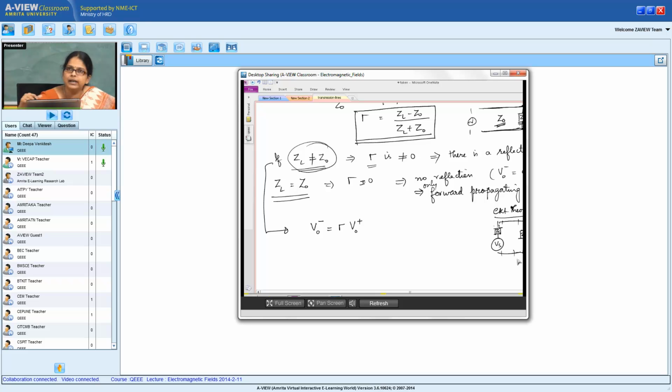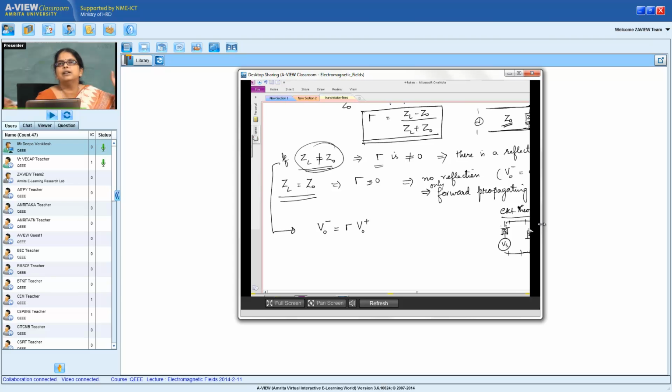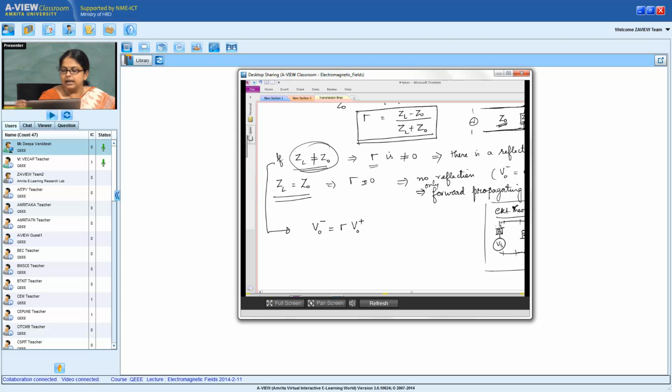But when the line becomes important, which is the case when you have large frequency, long lengths, whenever the transmission line becomes important, impedance matching means something else.